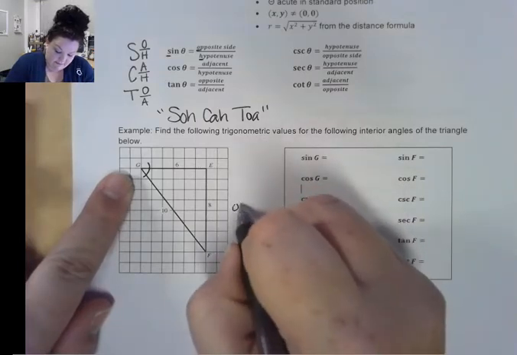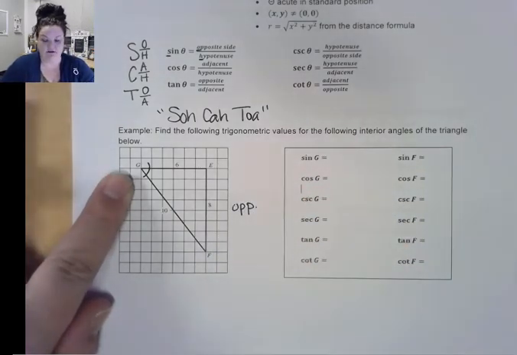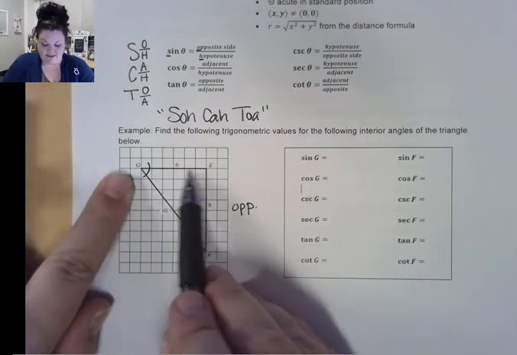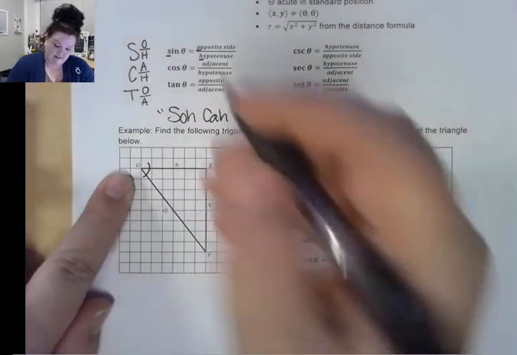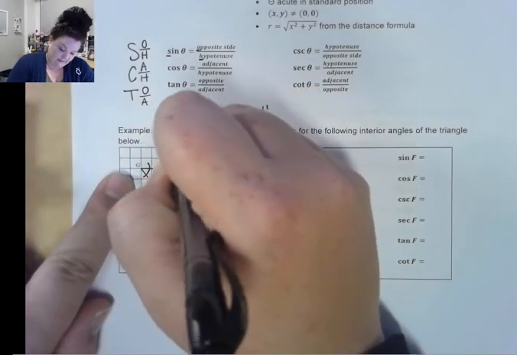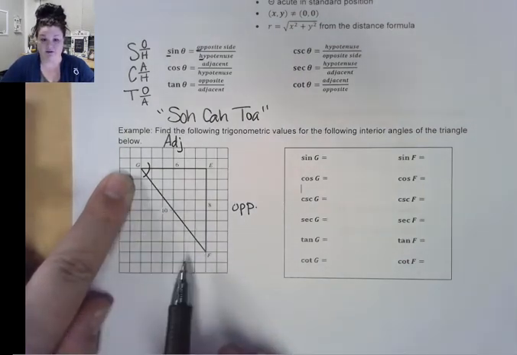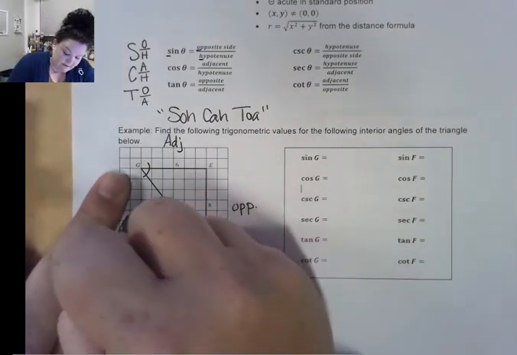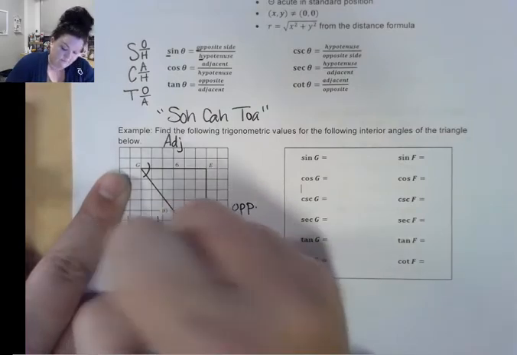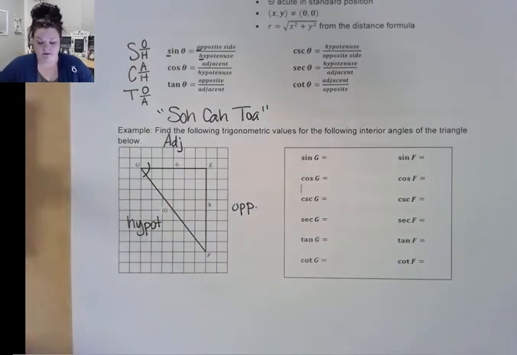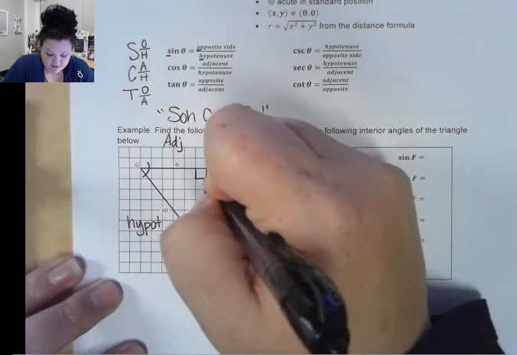So this is my opposite side. The one that's adjacent to my angle, 6, is going to be my adjacent side. And the longest side of the triangle is always my hypotenuse. We can see here this is the 90-degree angle.